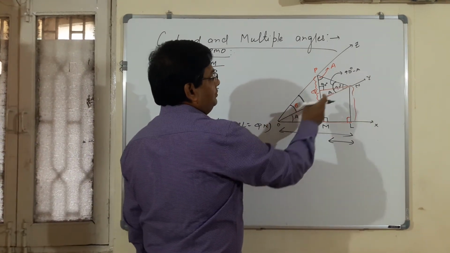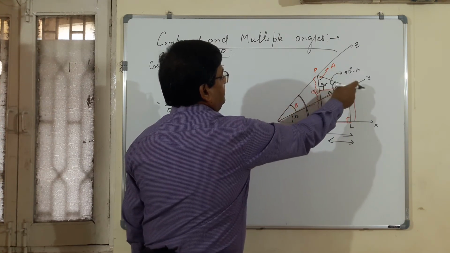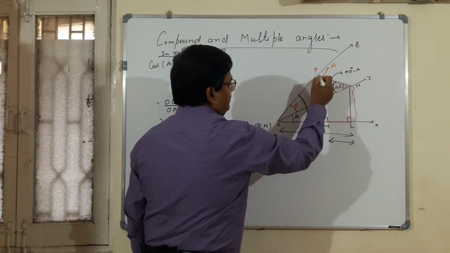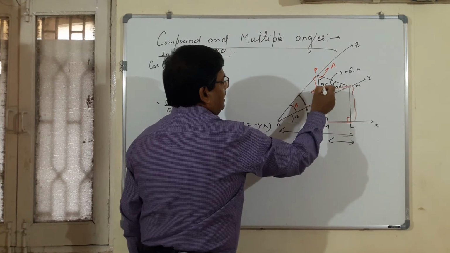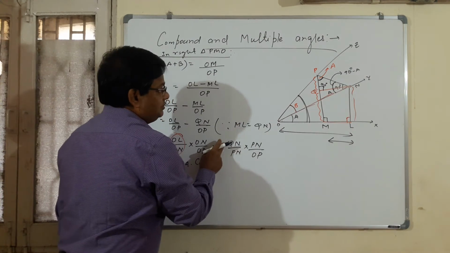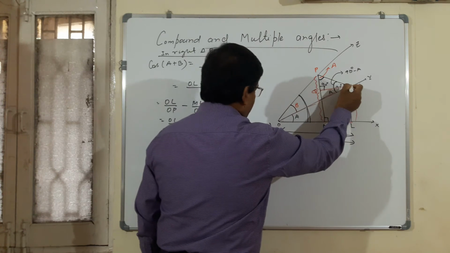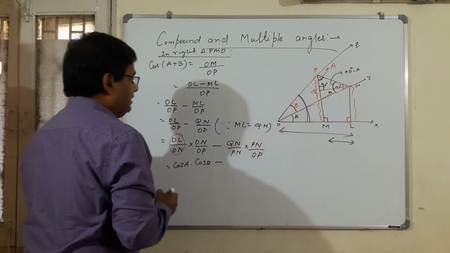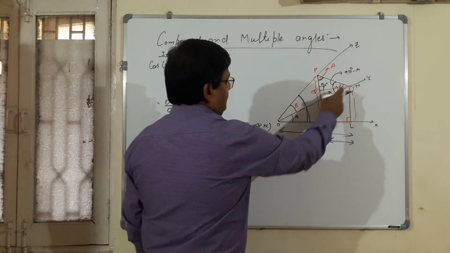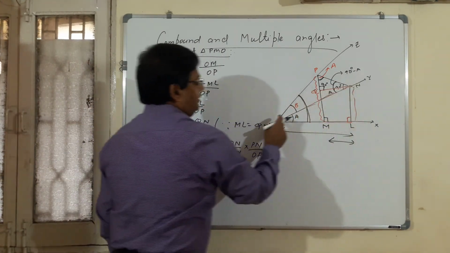For this right triangle PQN, Q is the right angle and this angle is A. So QN over PN: QN is the perpendicular and PN is the hypotenuse. So it becomes sin A into PN over OP.